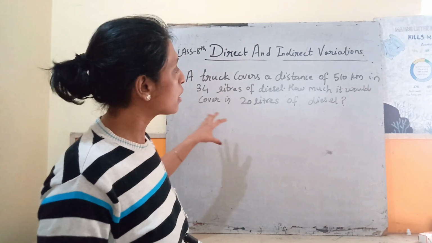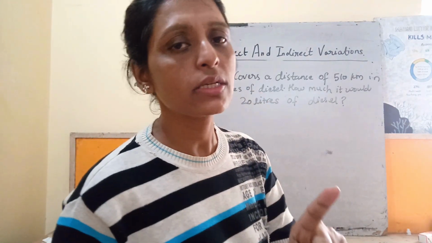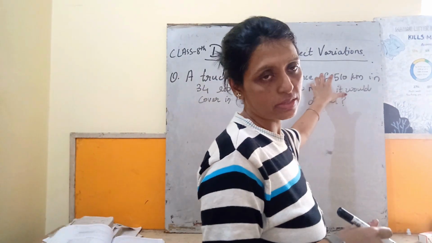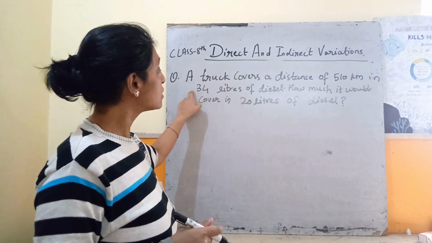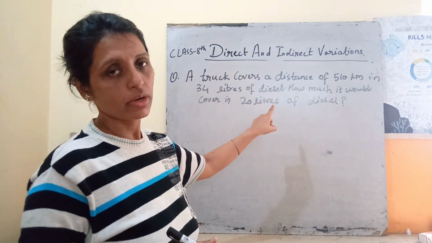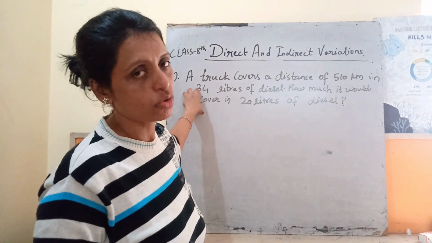So here a truck covers a distance of 510 km. The first quantity we will take as the distance traveled. Then it is written that it is in 34 liters of diesel, so the second quantity is the quantity of petrol.